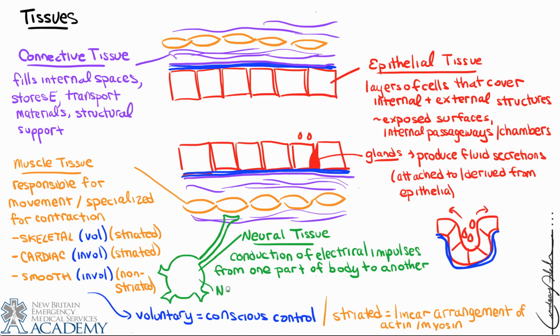So it's made up of neurons, which are basically nerve cells or the functional unit of the nervous system, and neuroglia, which are the supporting cells, of which there are several types. We can have neurons that communicate with other neurons, or we can have neurons that communicate with other types of cells, such as muscle cells or glands.